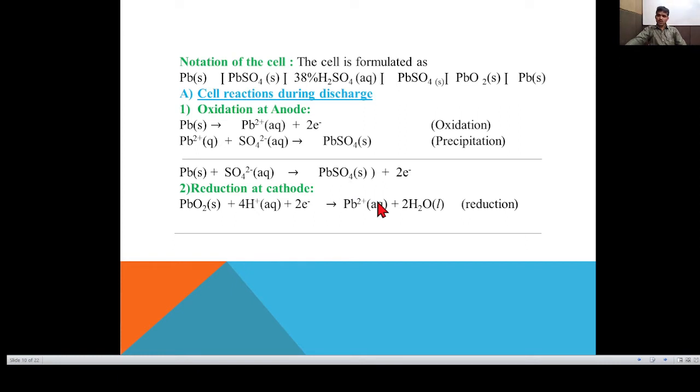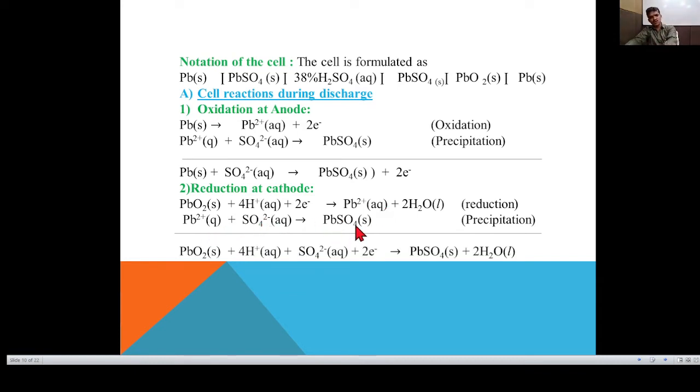Understand? So such Pb2+ ions react again with sulfate ions to produce PbSO4, which precipitates out.